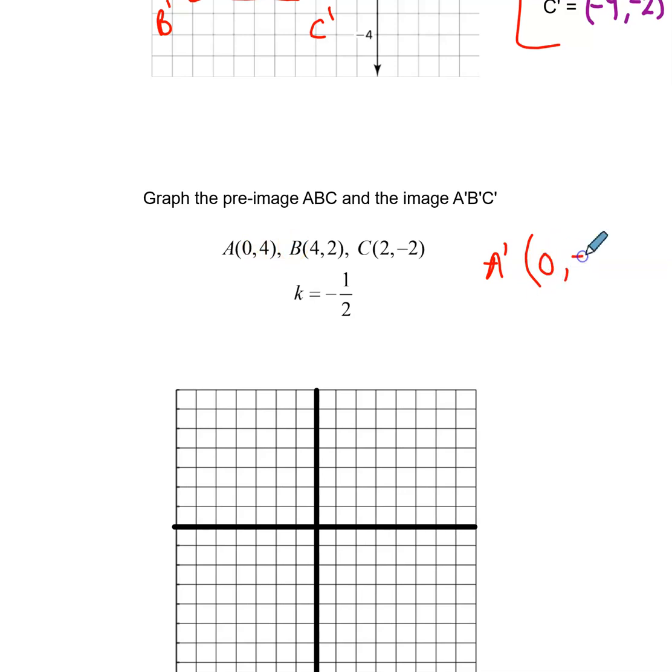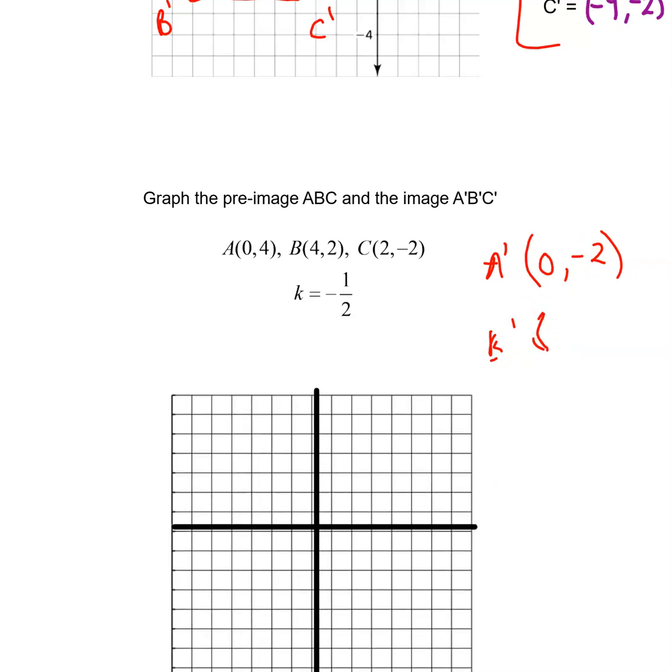That's going to give us (0, -2). For B prime, multiply both of those by a negative, so we get (-2, -1). And for C prime, let's fix that one. 2 times -1/2 is -1. -2 times -1/2 is +1.